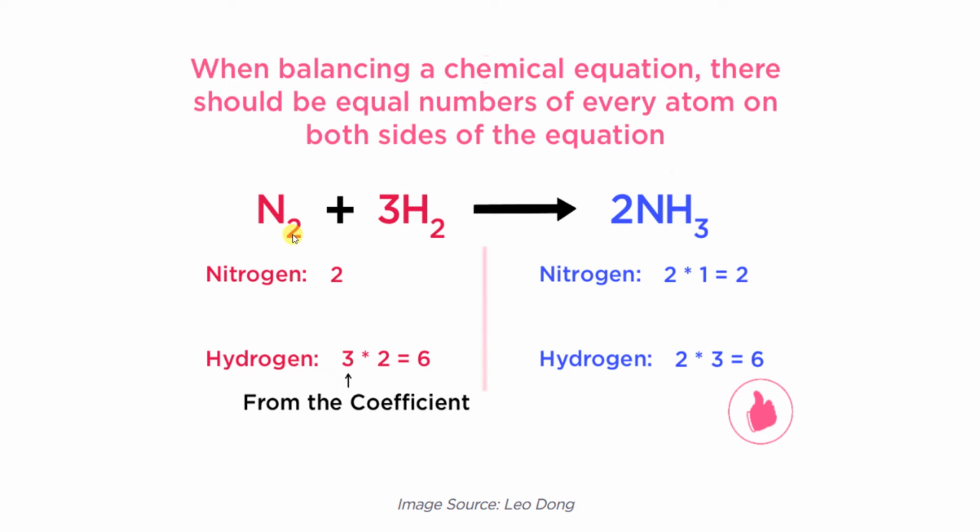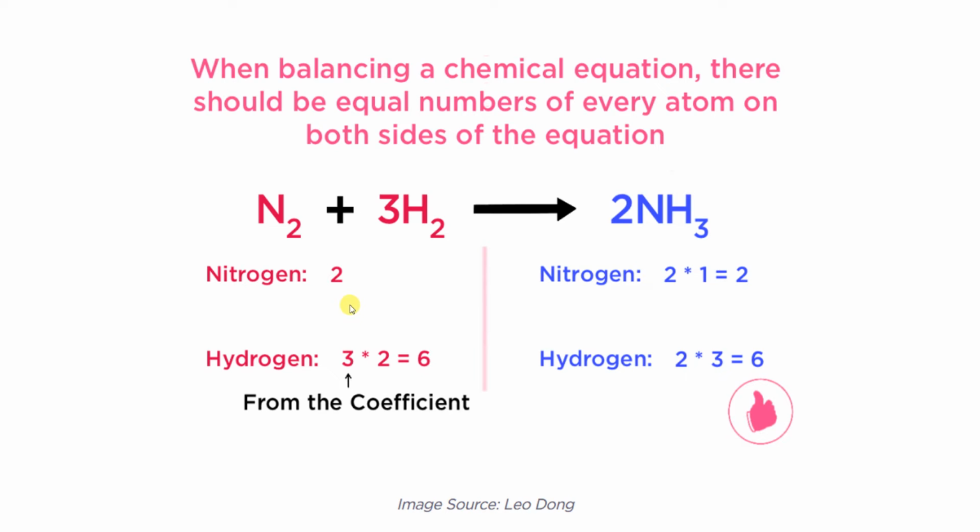So nitrogen is 2, hydrogen 3 into 2 is 6. 3 times H2, so three 2s are 6. After the product is formed, N is 2 and H is 3 into 2, which is 6. So see the left side and right side.